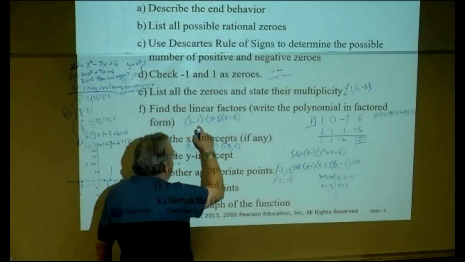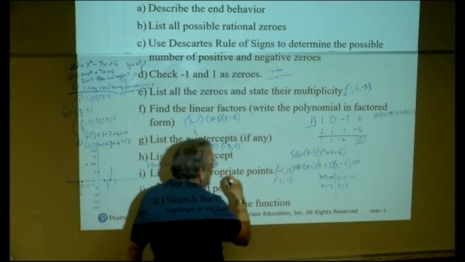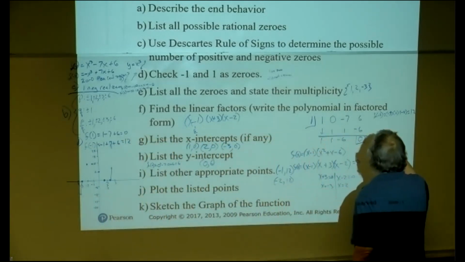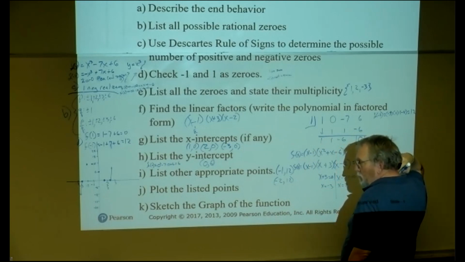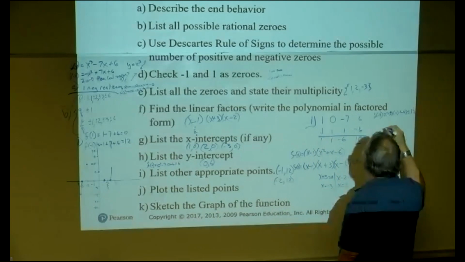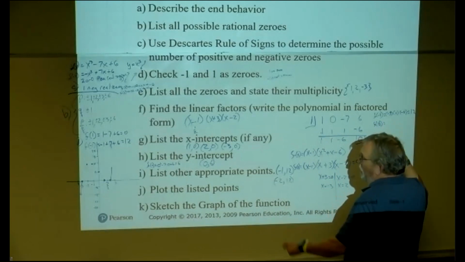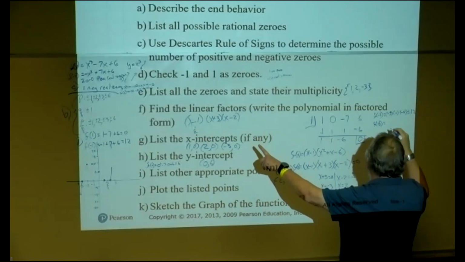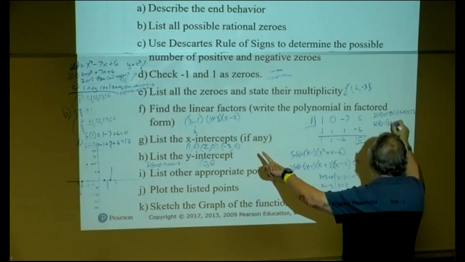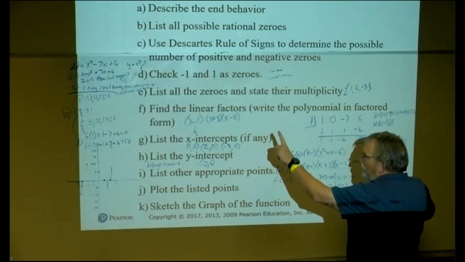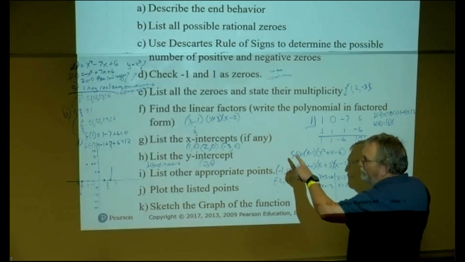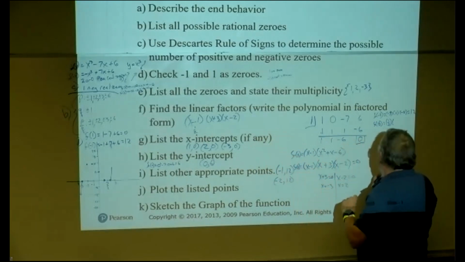So f of 1 and 1/2: 1.5 minus 1 is 1/2. 1.5 plus 3 is 4.5, and 4.5 is 9/2.